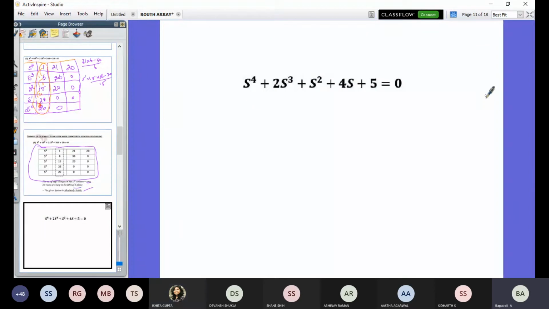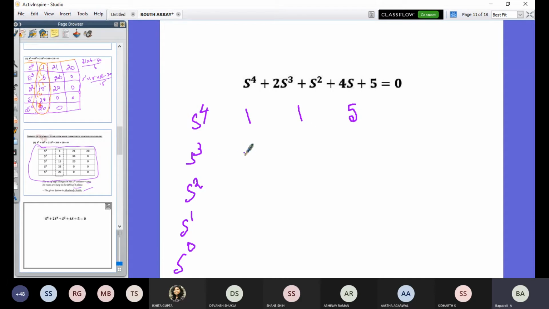Write down this problem. Comment on the system stability for the given characteristic equation. What is the S power 4 row? What is the S cube row? What is the S square row? Tell me the answers first. S power 4: 1, again 1 for S square, and the constant value is 5.